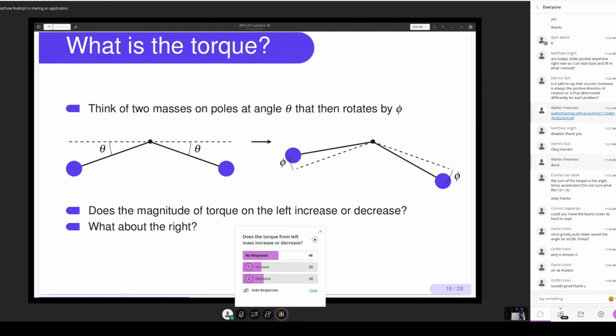A good way to see this is to imagine that you lifted it up all the way so that it was exactly horizontal on the left. That would be the most r perpendicular you could get. And since you're increasing all the way to the max, it's not that it's going to decrease and then re-increase again. You get an increase all along the way up towards the horizontal. So the magnitude of the torque on the left will increase as you go towards the horizontal.